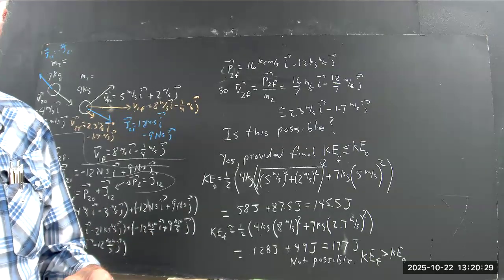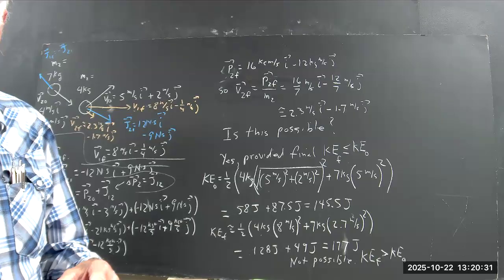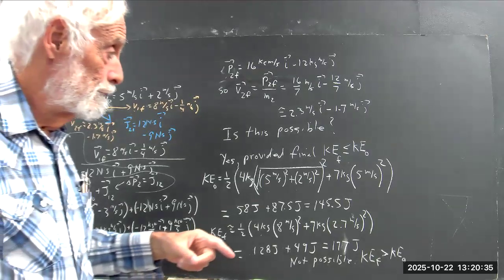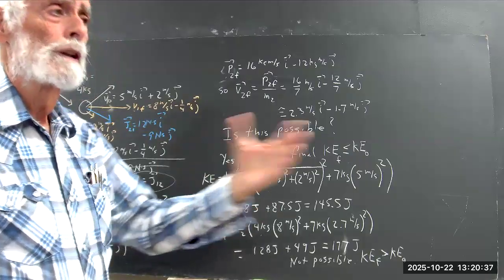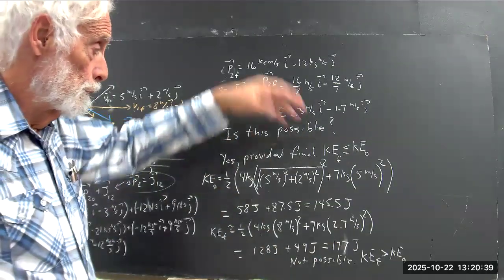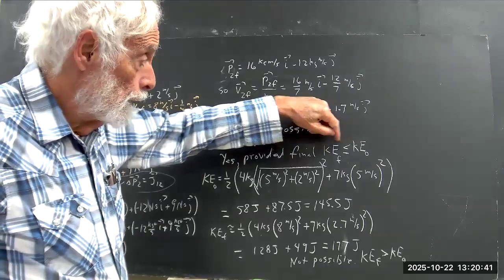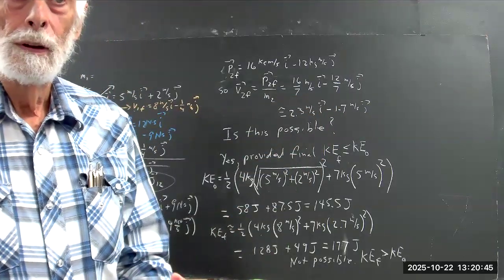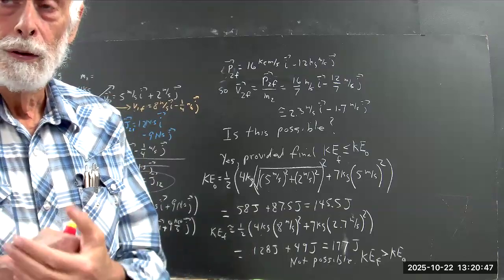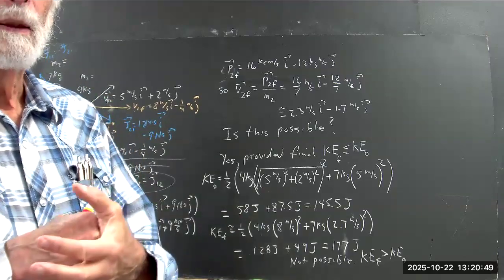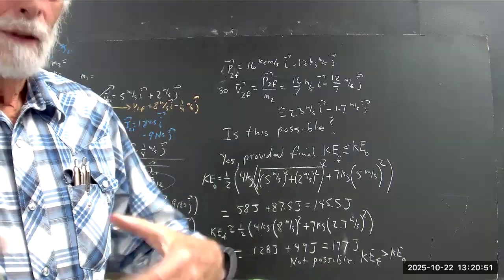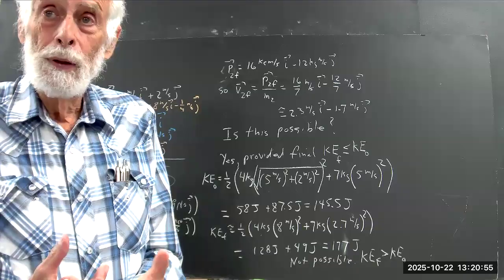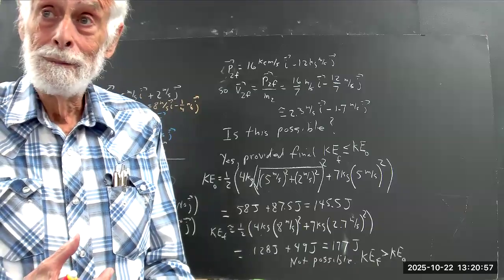For any collision in the real world, until you get to the subatomic realm where quantum effects take over, your final kinetic energy is going to have to be less than your initial. You always lose some energy. If two things collide and make a sound, well, it takes energy to make a sound. So they lose some of their kinetic energy to sound.